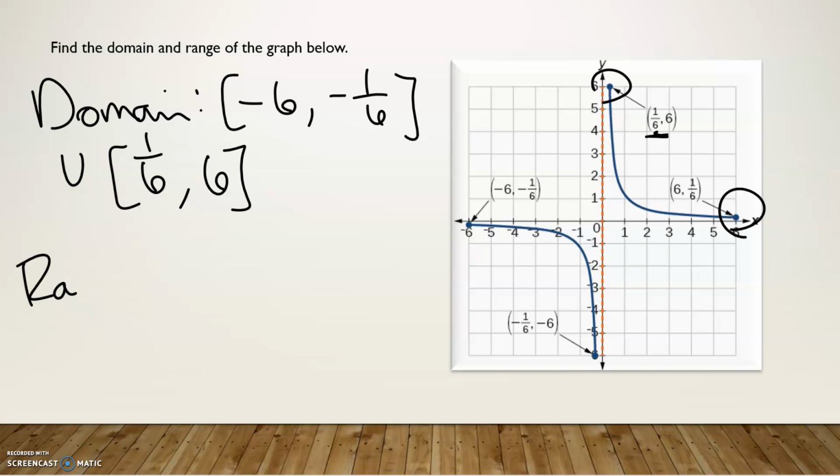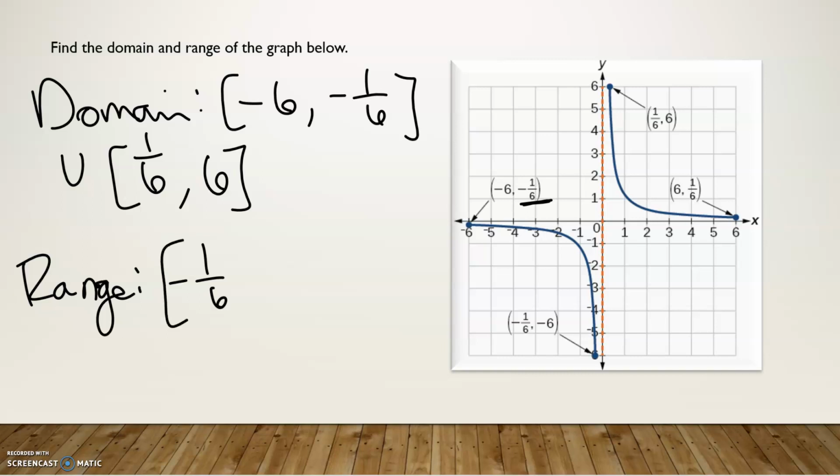Okay, and then let's look at the range. Same thing, we're going to have to break it up again. So we'll look at this first one right here. For the range, it goes to, and it tells us right here, -6, or -1/6.